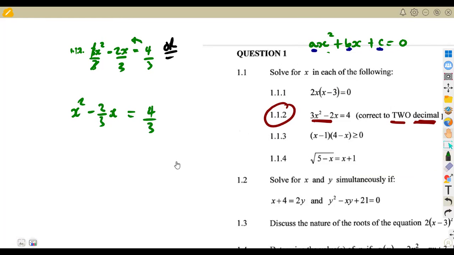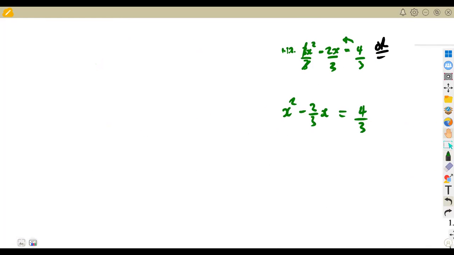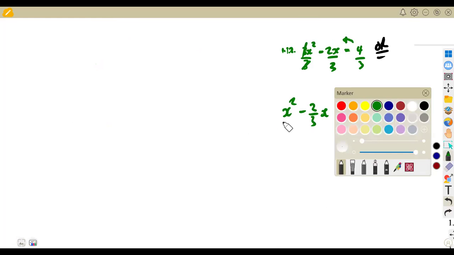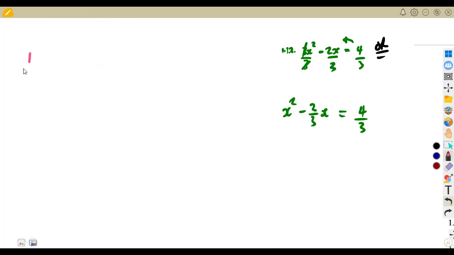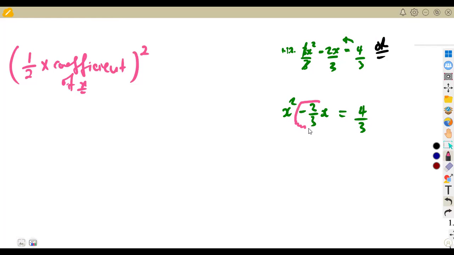So how do I apply the completing the square method? This is what you're going to need: the square of half the coefficient of x. The coefficient of x is the number that is affecting x.